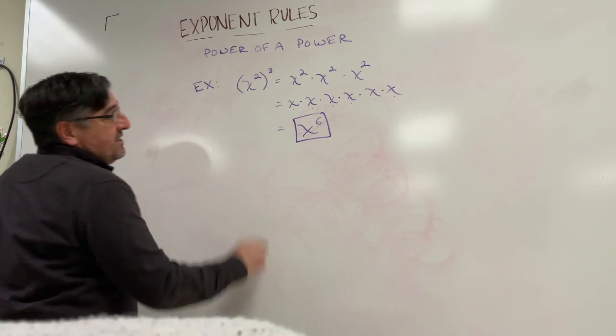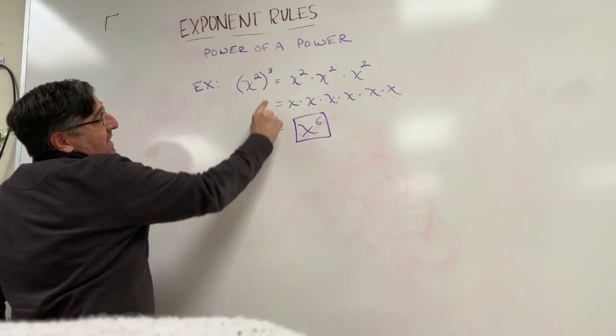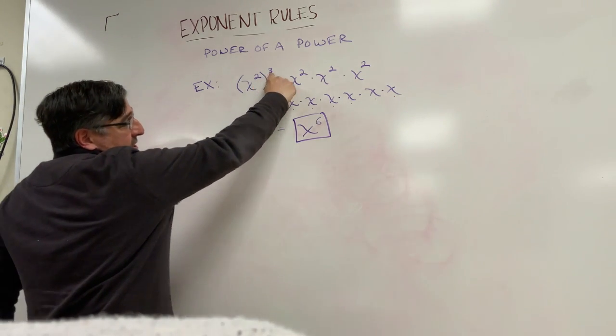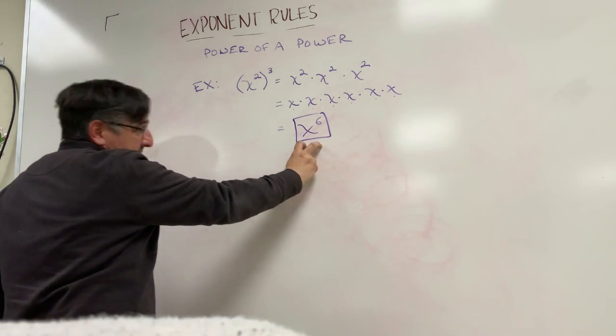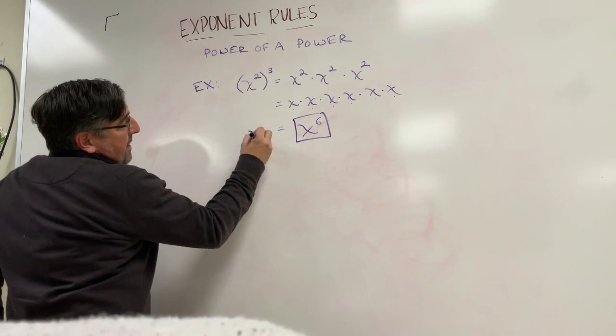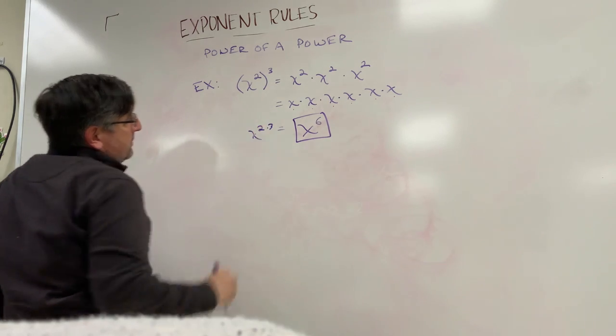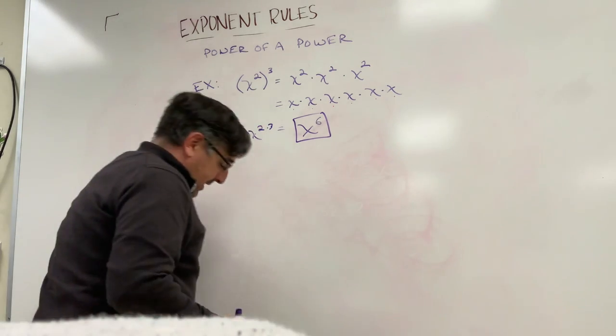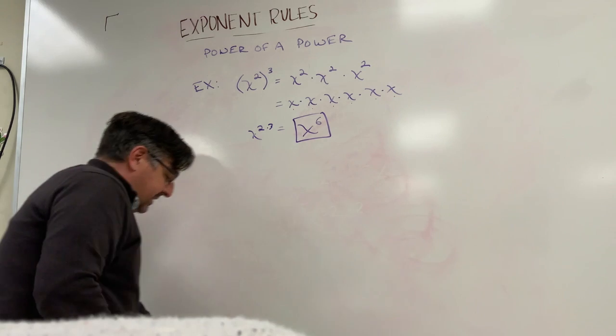Well, there's got to be an easier way of doing this. In fact, if I had just taken 2 times 3, I would have gotten this x to the 6th power. So that's going to be the easier way of doing this.